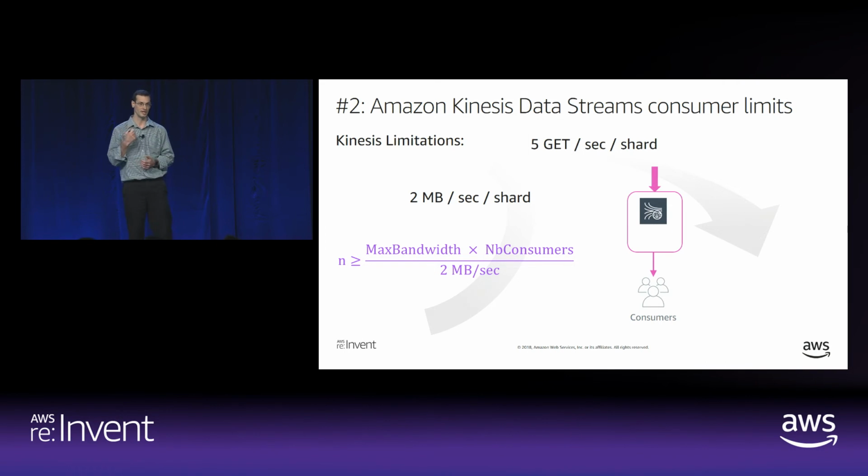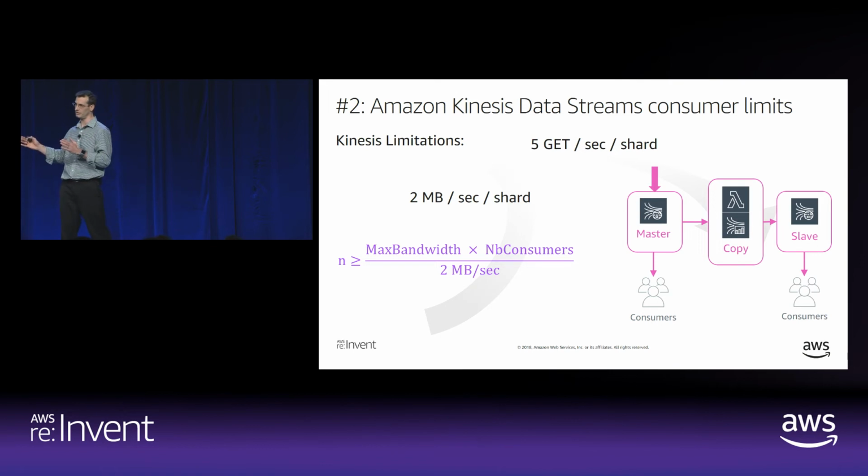And also, this is naive anyway, because you can still have a consumer that would be a rogue consumer that hogs all those requests per second and basically performs a denial of service attack on your stream. So the other category of solution is to have a different architecture on the server side. One of the ways to solve that is to create a copy stream, a slave stream.